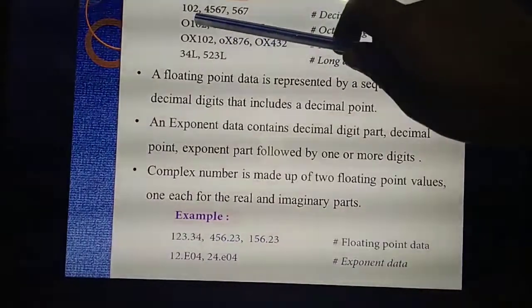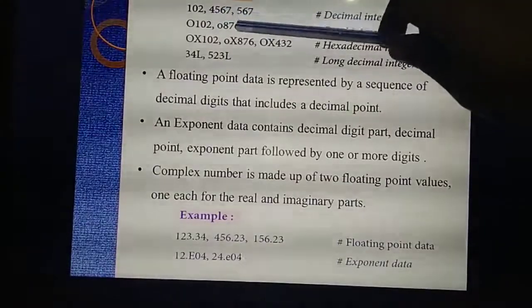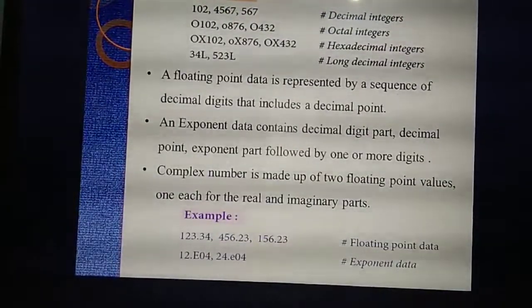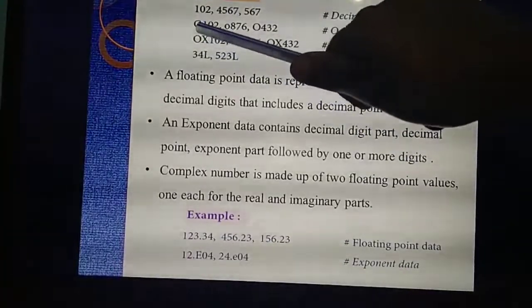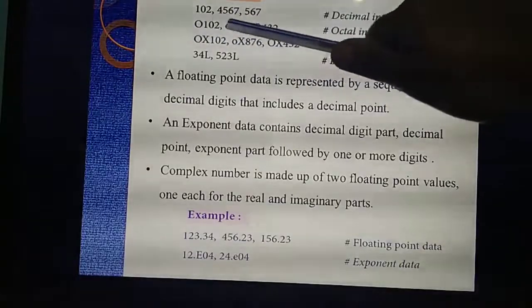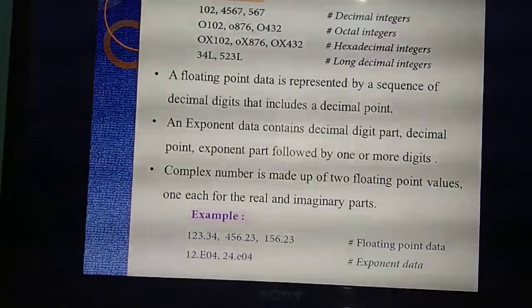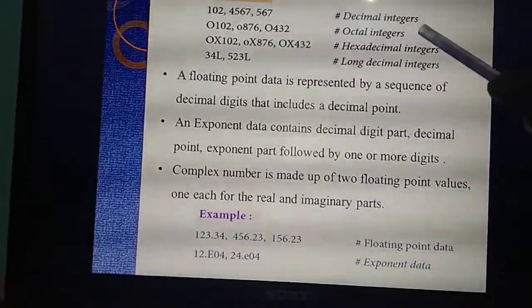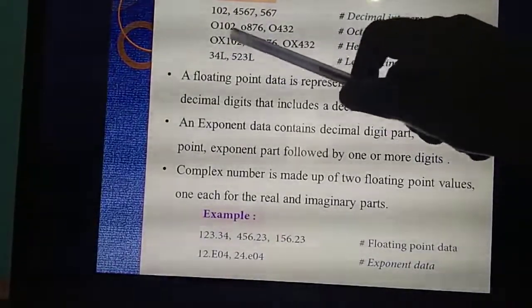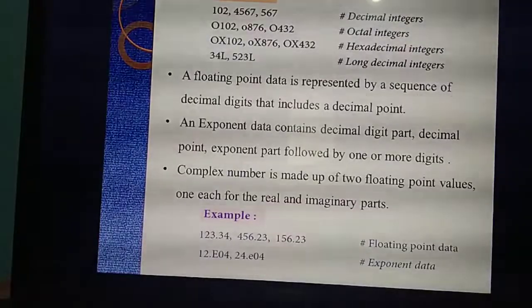So what's the first number? 1, 0, 2, 4, 5, 6, 7. Normal numbers. That's called decimal numbers. Here see, 0 102, small o 806, capital letter. Both small letter and capital letter O are there. So a number that starts with 0 means an octal integer. Then see 0x, small letter 0x is also there, capital letter 0X is also there.